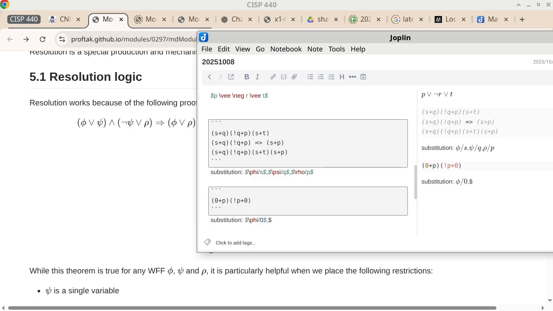And then we are going to replace psi with P, and we are also going to replace rho with false again. So don't you think that this particular way of doing substitution will make this conjunction match the resolution rule? Is that okay?